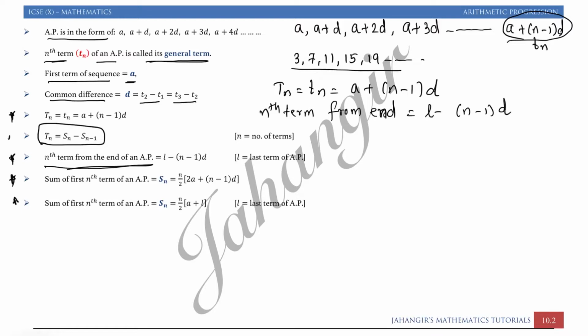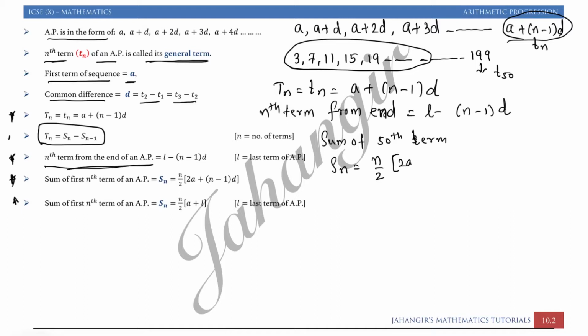Now if we have this sequence whose last term we know as 199, this was my 50th term, T50. T50 we had found out, that was 199. So now if you have to find the sum of the 50 terms, sum means addition, for that we have the formula Sn is equal to n by 2 into a plus n minus 1 into d.